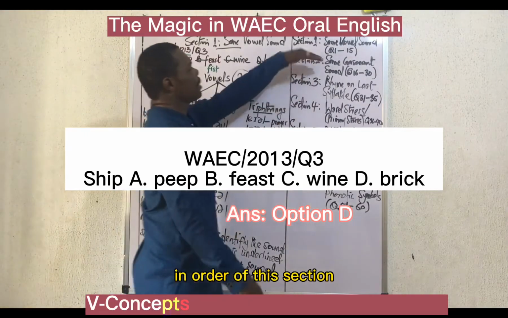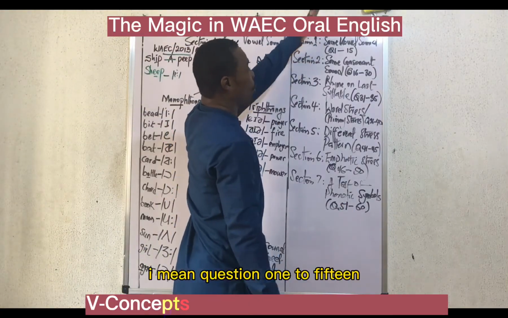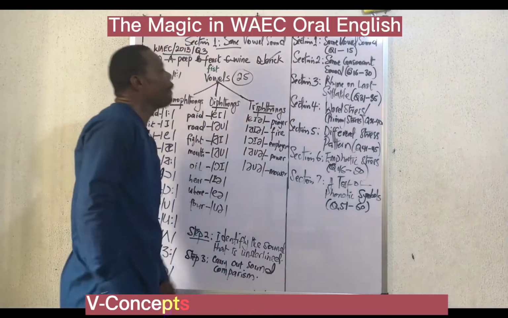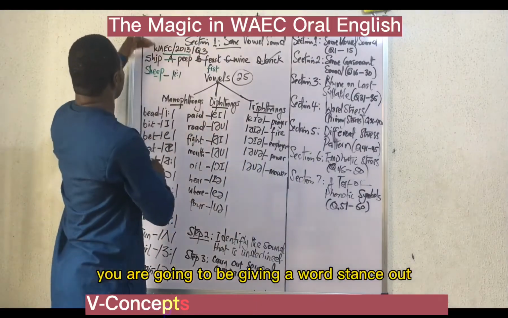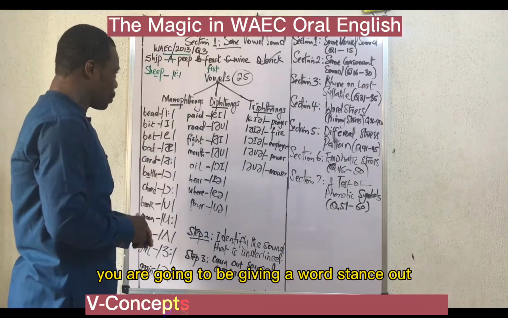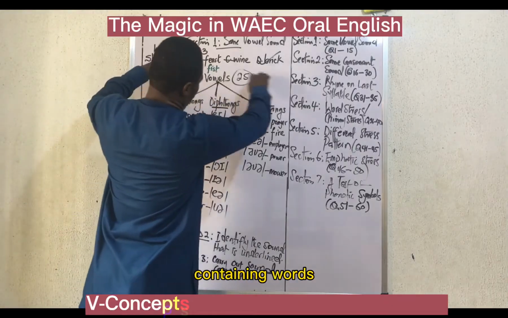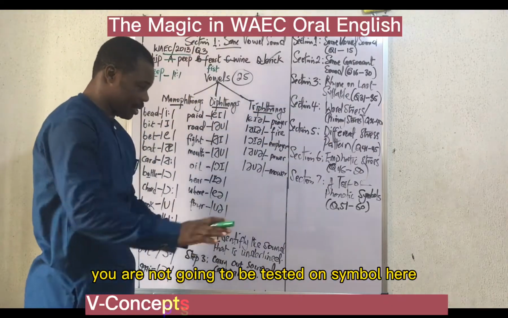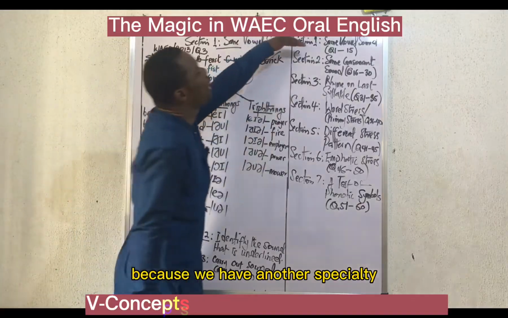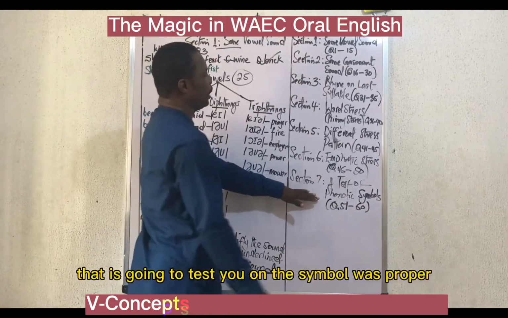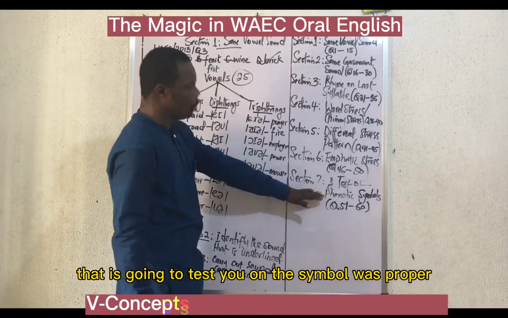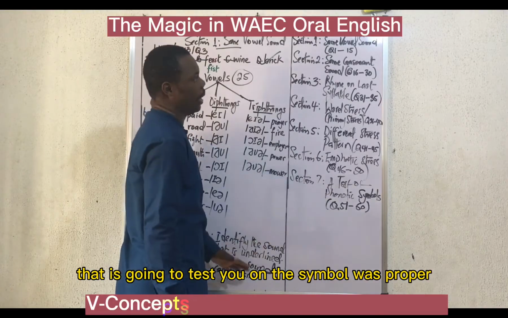In all of these questions 1 to 15 in section A, you are going to be given a word spelled out, and then you're also going to be given options containing words. You're not going to be tested on symbols here, because we have another section, which is section 7, that is going to test you on the symbols proper.